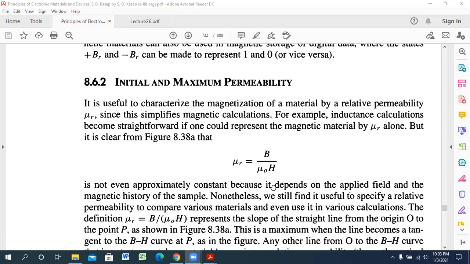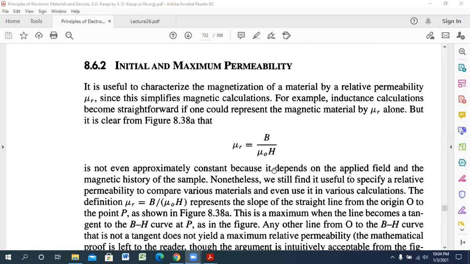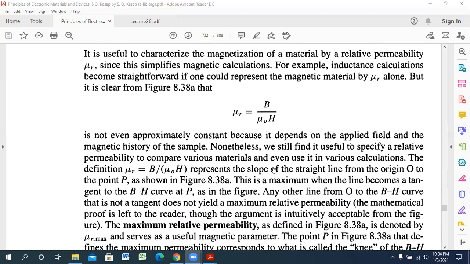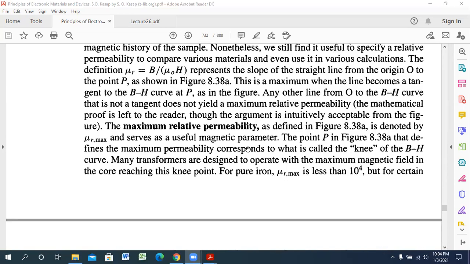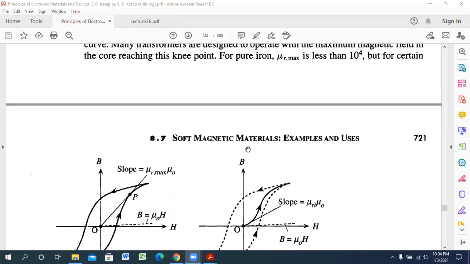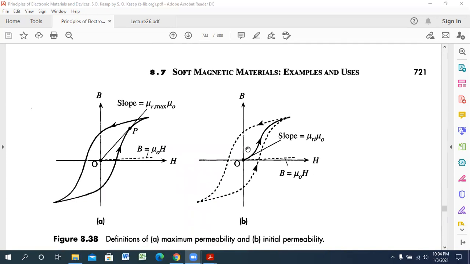Basically, this mu naught value is a constant value, but actually these things depend on the applied field. So how to find out this initial and the maximum permeability? We can identify them from the BH curve.